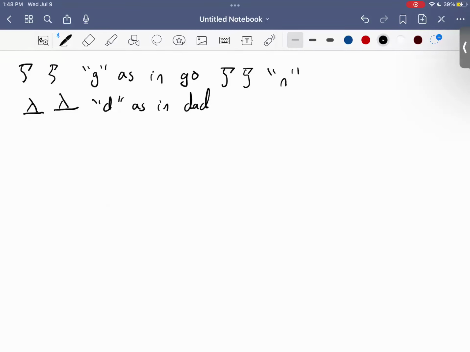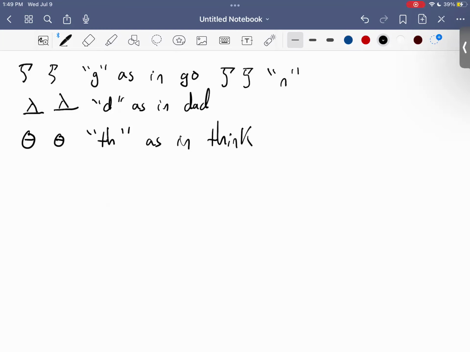Sometimes they'll make a th sound, like a TH sound, in some cases, but especially when you have it in the names, if you have a name of something, it will be delta. Okay, the sound. The next one we have is the following, which is theta. Theta makes a TH sound, as in think. Okay? So as in think.